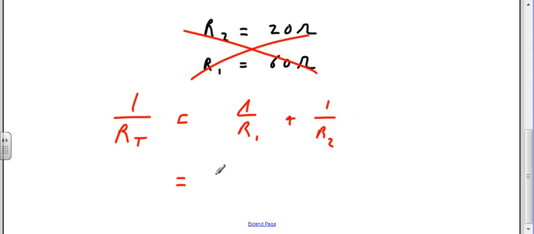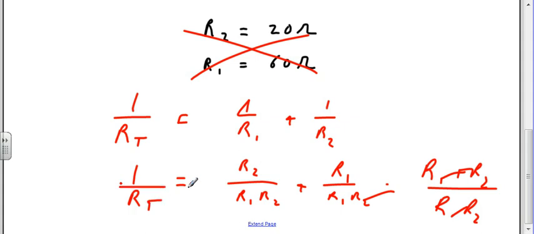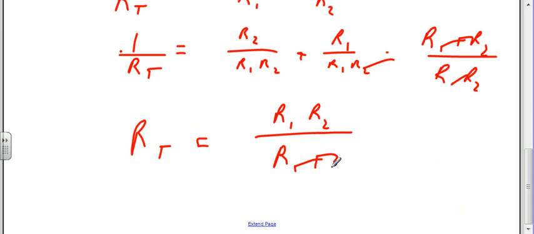So this is R2 over R1 R2 plus R1 over R1 R2, which is R1 plus R2 over R1 times R2, and that's 1 over. So I put everything 1 over, and your total resistance is resistor 1, resistor 2 divided by resistor 1 plus resistor 2.